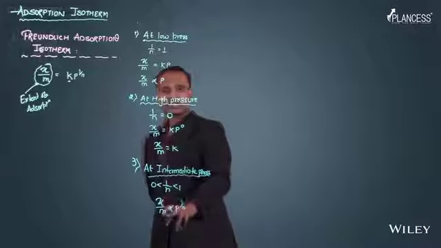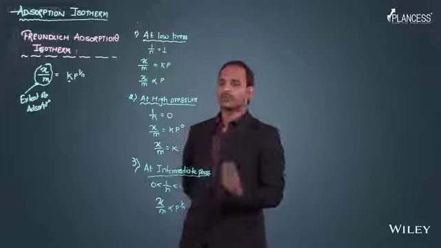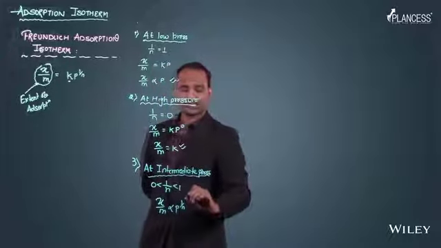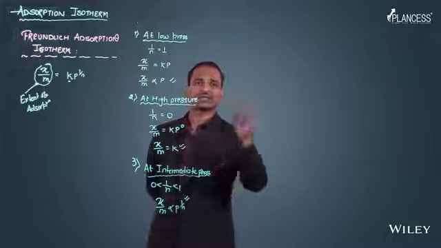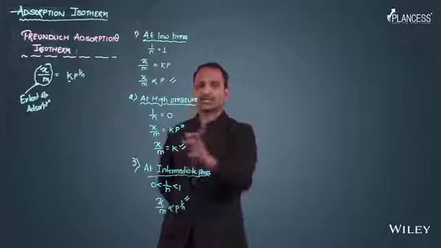So in this case the rate of adsorption depends exponentially upon the pressure. As the pressure changes, the relation changes, and we can see that difference in a graph also. We will see how things change with the pressure.